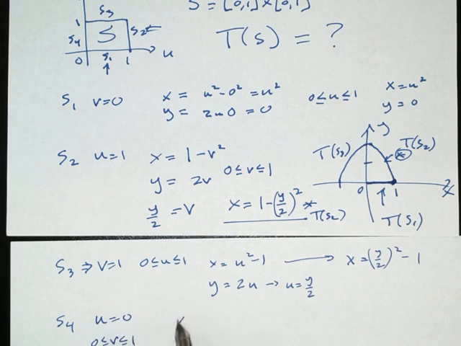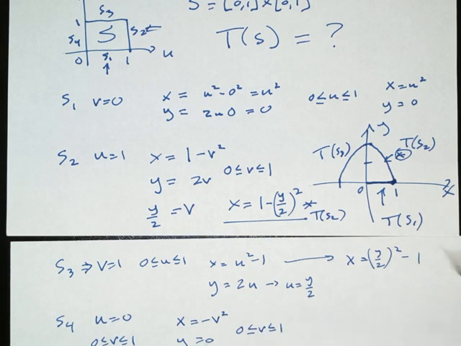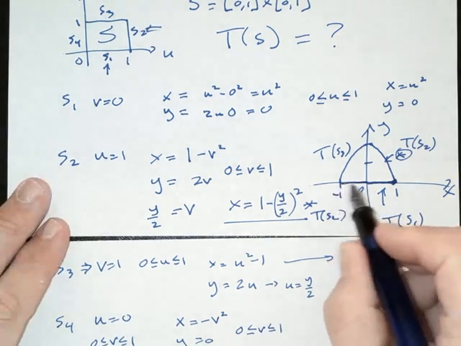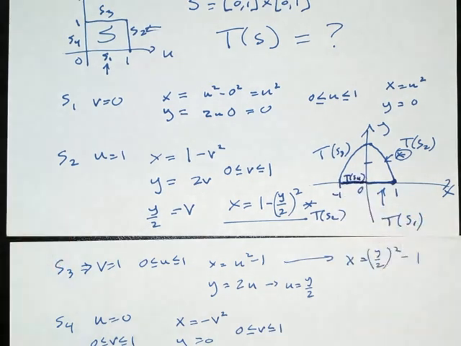If U is 0, I get X equals minus V squared, and Y equals 0, with 0 less than or equal to V less than or equal to 1. When V is 0, I'll be at (0, 0), and when V is 1, I'll be at (negative 1, 0). Wait a minute, that closes off my shape. So what I have in this second picture is the image of that square.